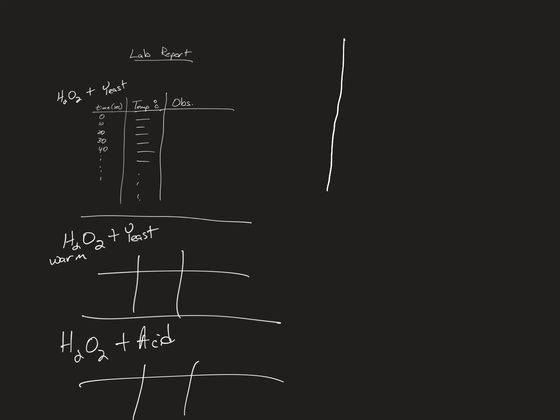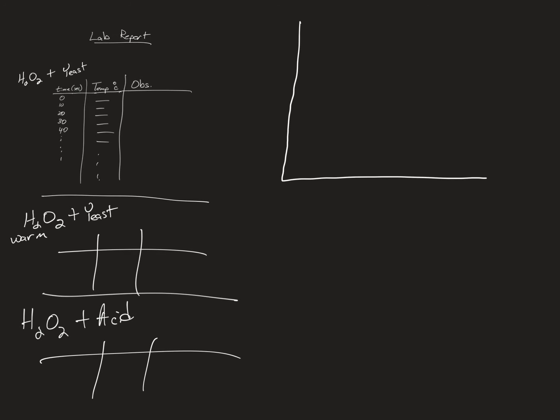So you should have a single graph, one graph, where you have time here. Time is on the x-axis, because time, measured in seconds, is always an example of an independent variable.